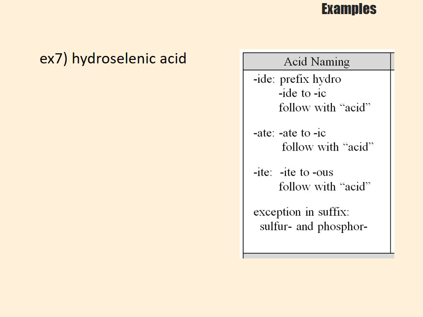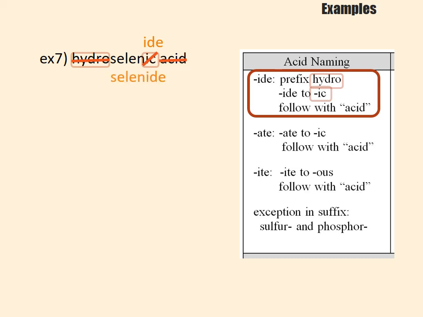Example 7, hydroselenic acid. I have hydro and ic, so that means the original ending would have been ide. So they added a hydro, so I'll take that off. I'll have to change ic back to ide, and then I get rid of the acid that was added. And that leaves me with selenide.